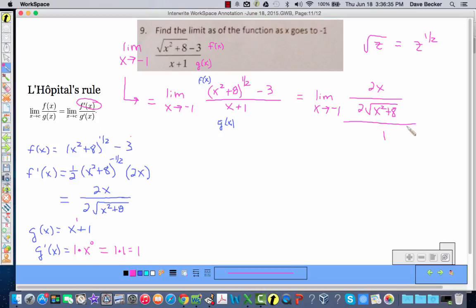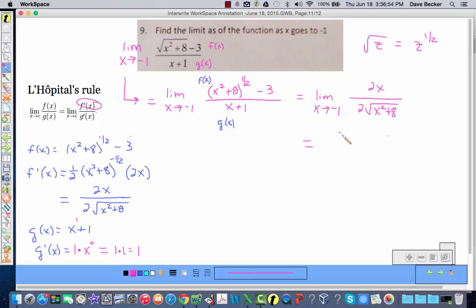But anything divided by 1 is equal to itself, so I don't need to divide by 1, I don't need that part of it, so all I have to do now is use this, okay? So now I can use direct substitution because I do not get something undefined.